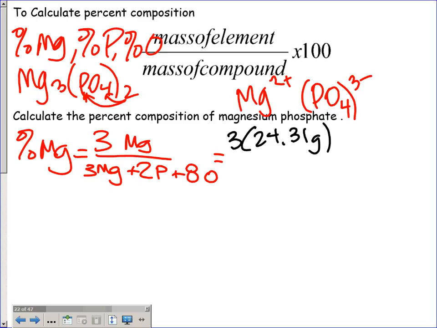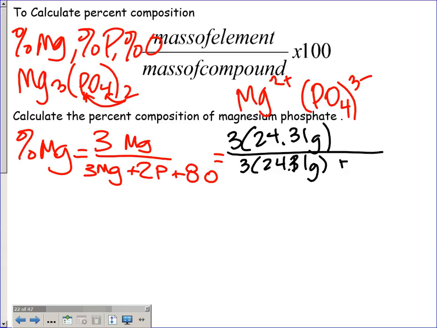That's our numerator. Then we're going to divide that by, and I'm going to write all these out for now. In the future you do not have to write everything out if you want to calculate in your calculator, but I'm modeling for you what you should be doing. 3 times magnesium, which we've already established is 24.31 grams.